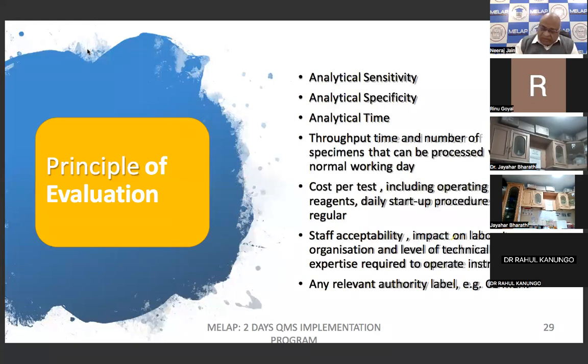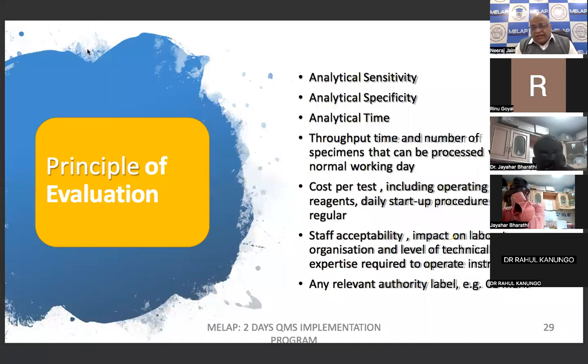In case of the first machine, sensitivity is 1. In the second machine, it is 0.1. In the third machine, it is 0.01. You have to see what is the most appropriate for you. Definitely, if the machine is estimating a difference of 1, that is not acceptable. 0.1 is okay. So this is analytical sensitivity.